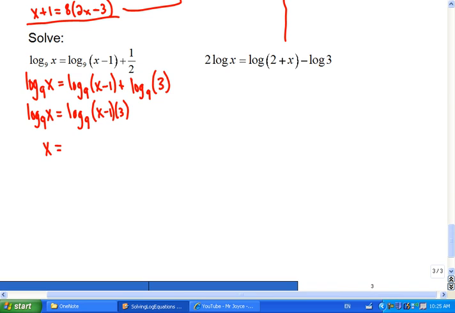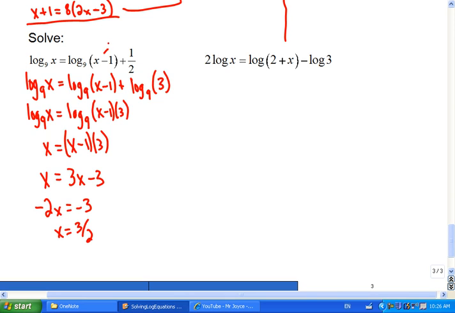So x equals x minus 1 times 3. And if I rearrange these values, negative 2x equals negative 3. So x will be 3/2. And if I look, no problem there, no problem there. It will work out.